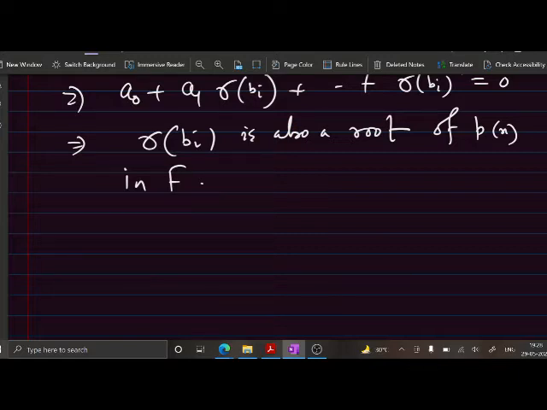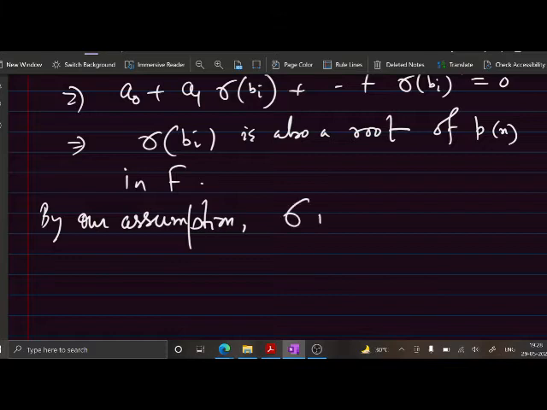Now by our assumption, sigma is 1-1, right?